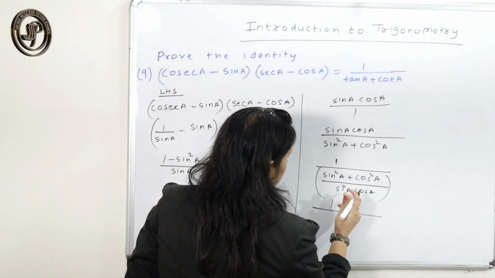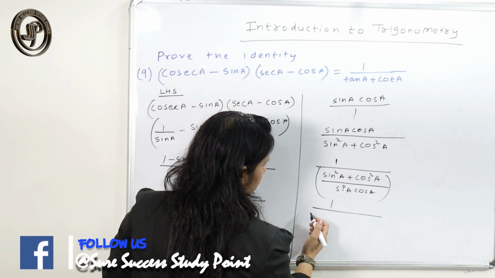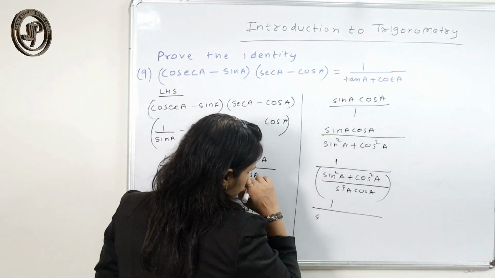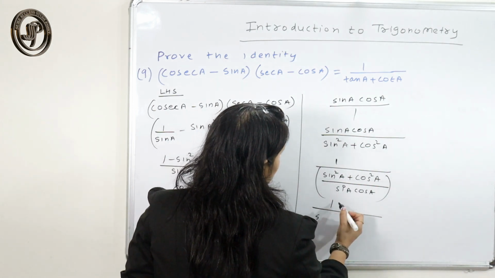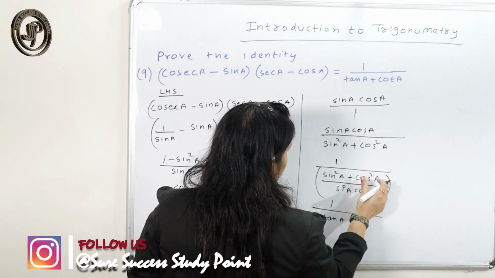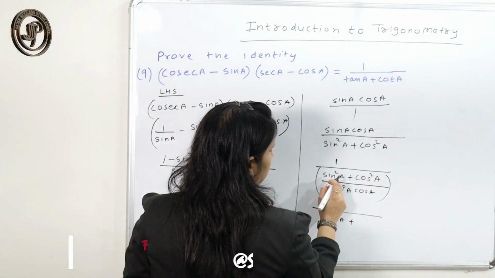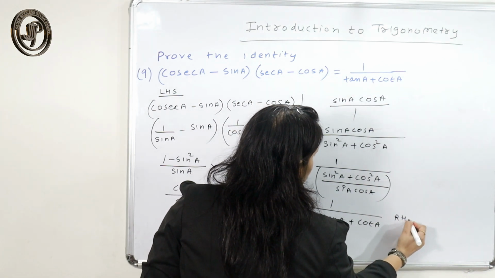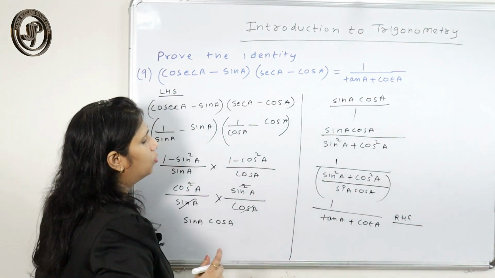So now if I just divide this by this, then what will I get? Only tan A. And if I divide this by this, because sin will cut, sin by cos tan, and here it is cot A. That is my RHS that I need to prove.